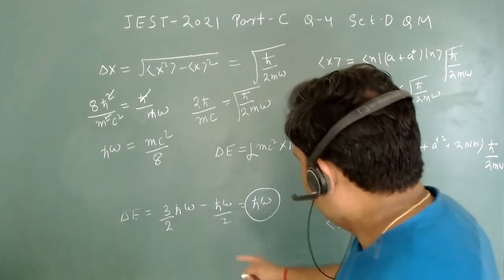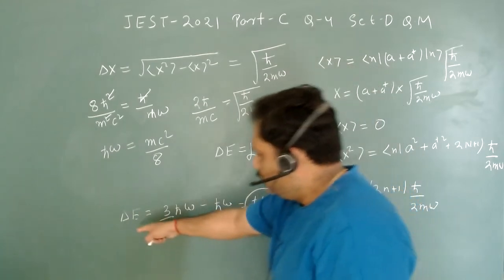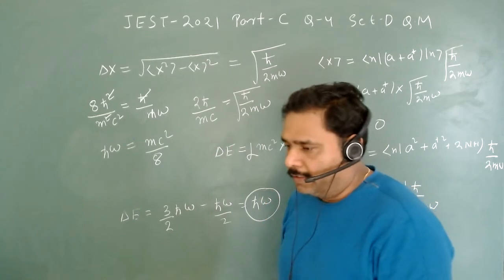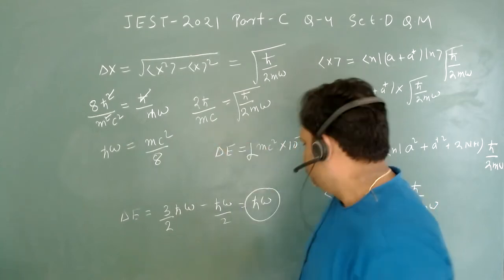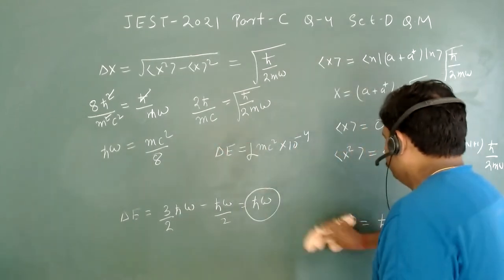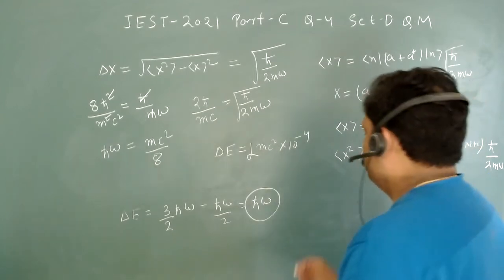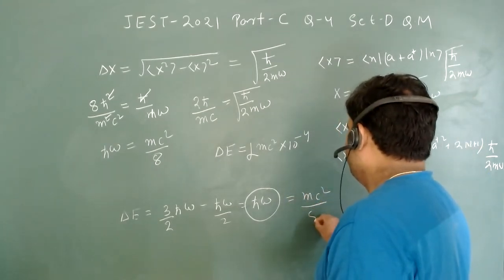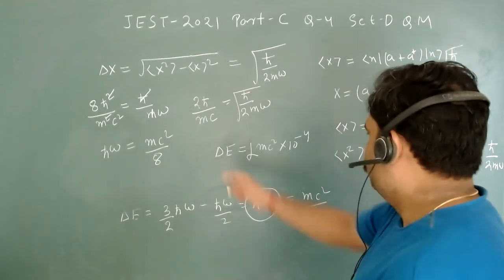This is the change in energy, the required energy for which the particle will go from the ground state to the first excited state. So this is the value of h cut omega, mc square by 8.